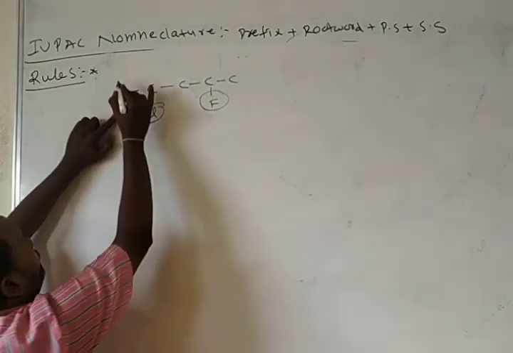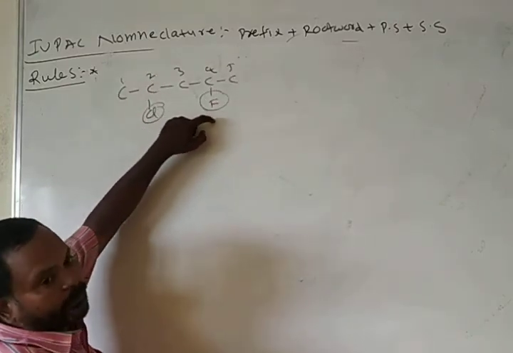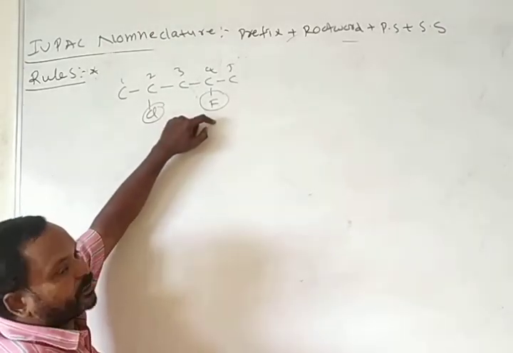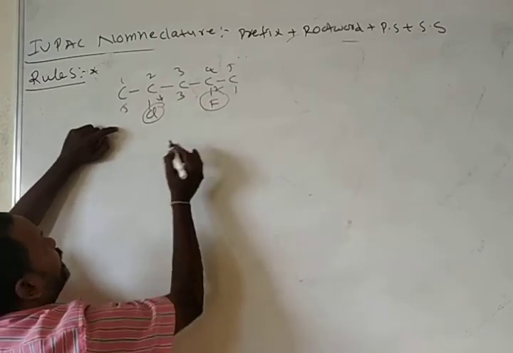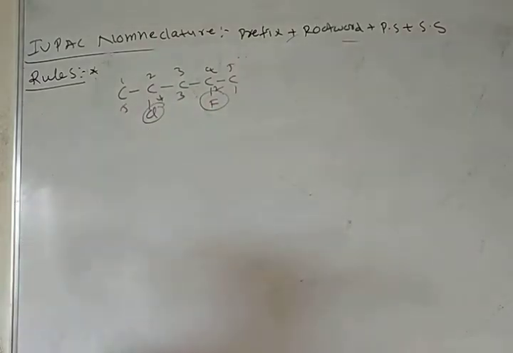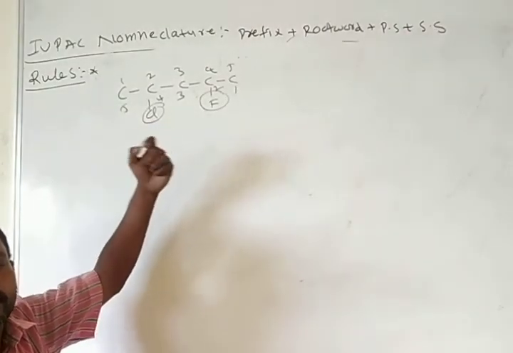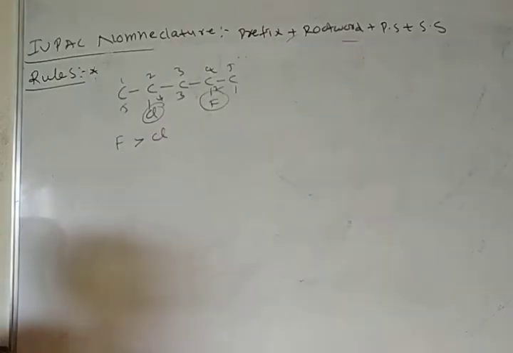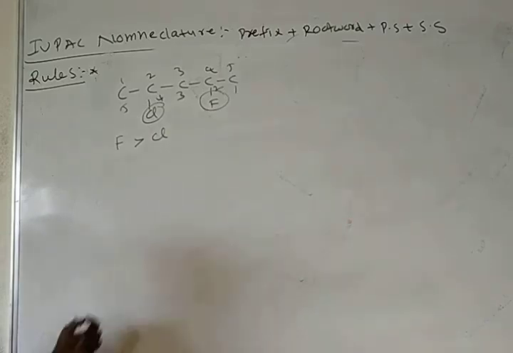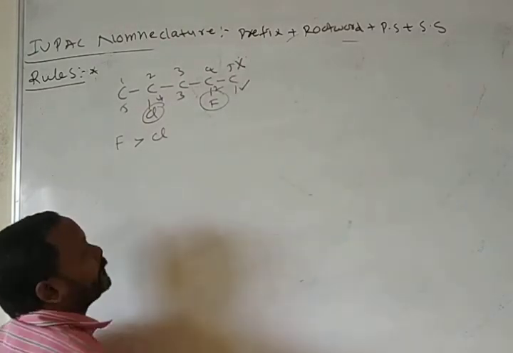If you number from left to right, chlorine gets the second position and fluorine gets the fourth position. If we number from right to left, fluorine gets the second position and chlorine the fourth, which is correct. Then compare the electronegativity of these two atoms. Fluorine is always more electronegative than chlorine. So follow right to left only, not left to right.